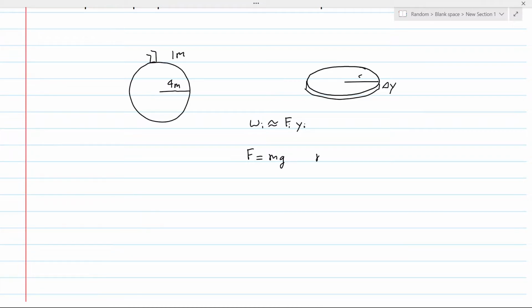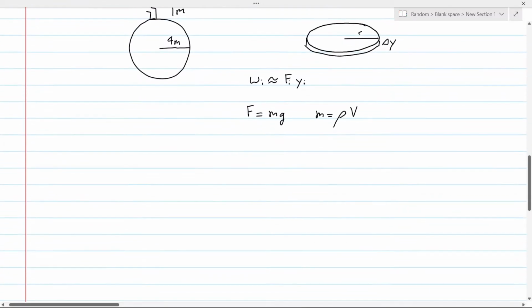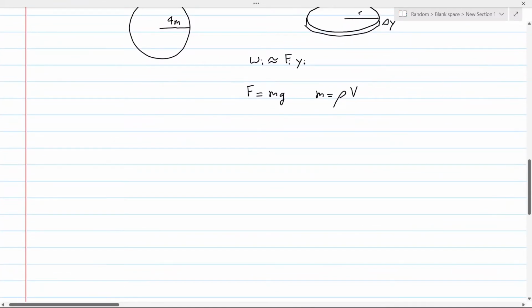Well, we know that mass is equal to the density times volume. And volume is equal to the area times the thickness of the thin disk.